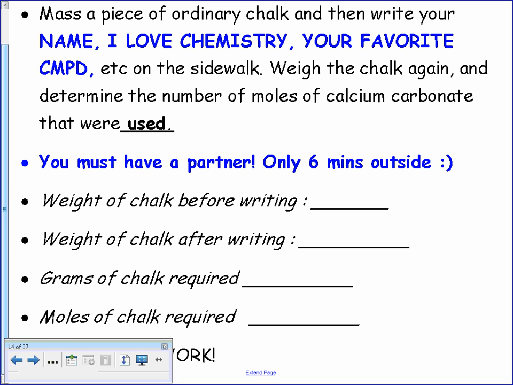I wrote it right here. The mass is going to be 44.